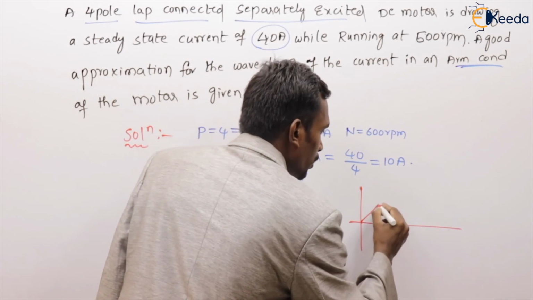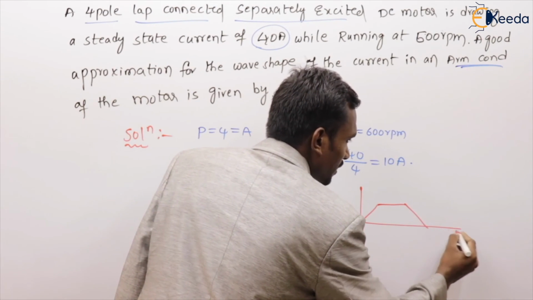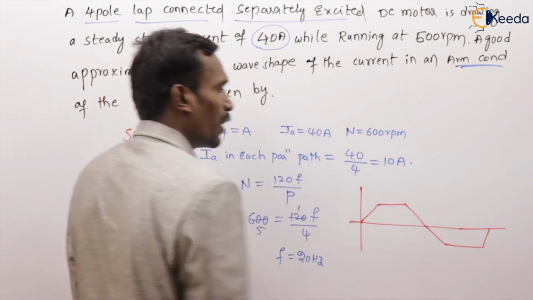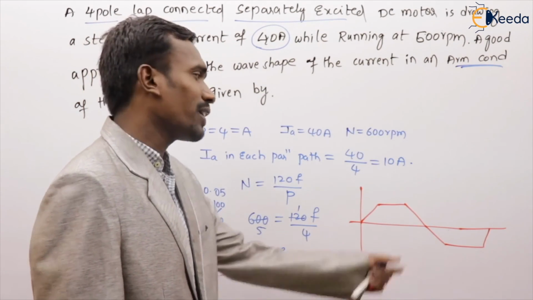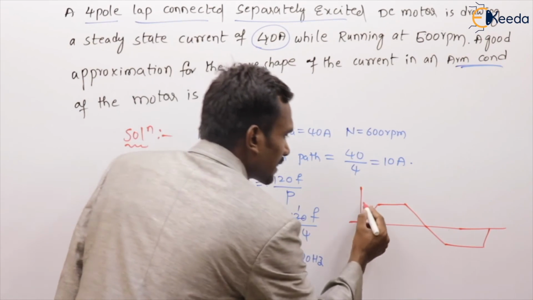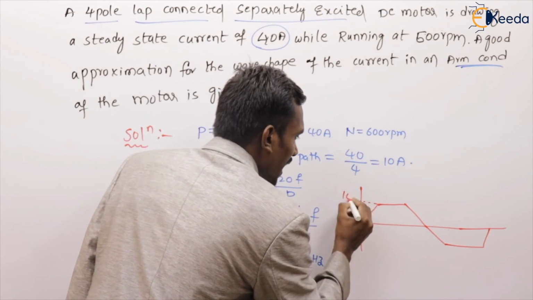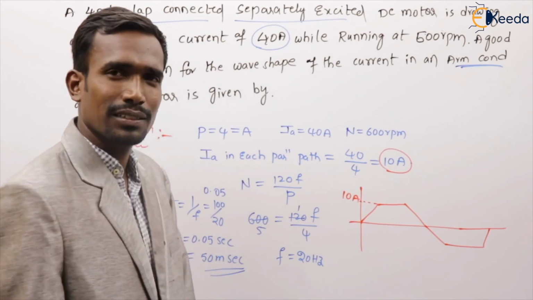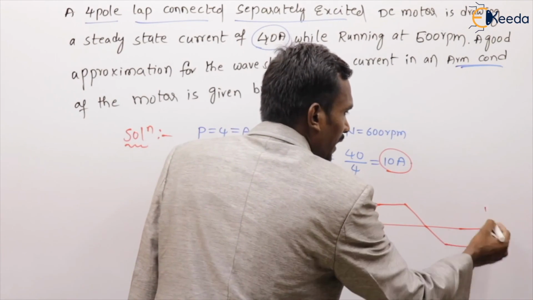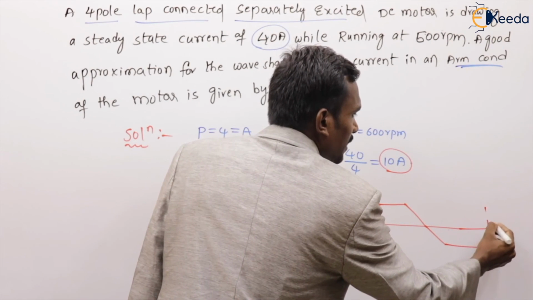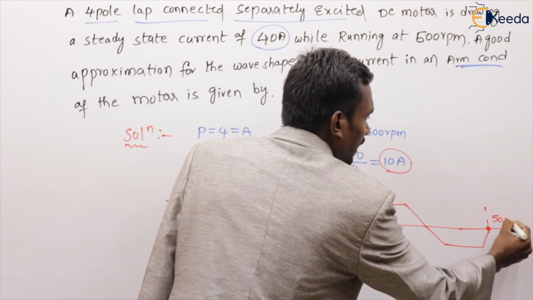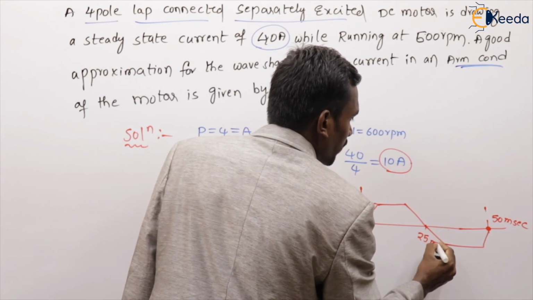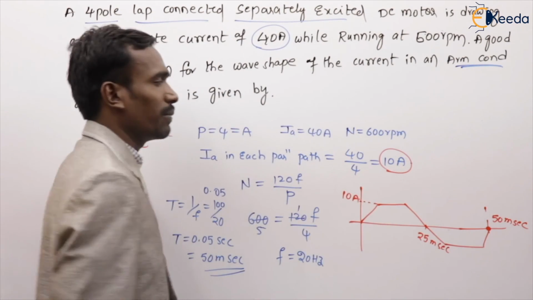So the value should be like this. This is the wave shape of the armature current. What is its maximum value? The value is 10 amperes, because we already calculated 10 amperes. What is its time period? The time period is 50 milliseconds, and half of it is 25 milliseconds.